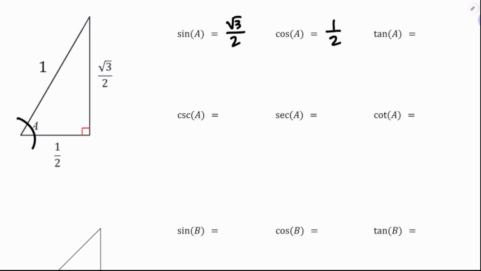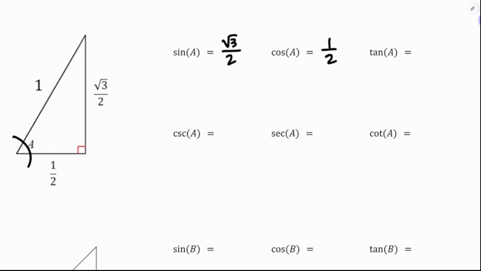That's 1/2. And then tangent of A, opposite over adjacent. So it'll be root 3 over 2 divided by 1/2. Well, I'm going to flip and multiply, times 2 over 1. That's equal to the square root of 3.